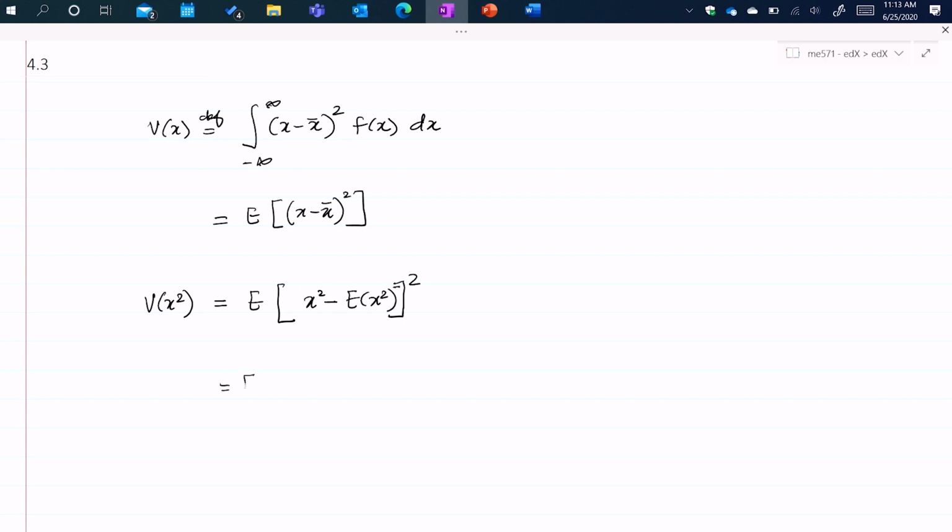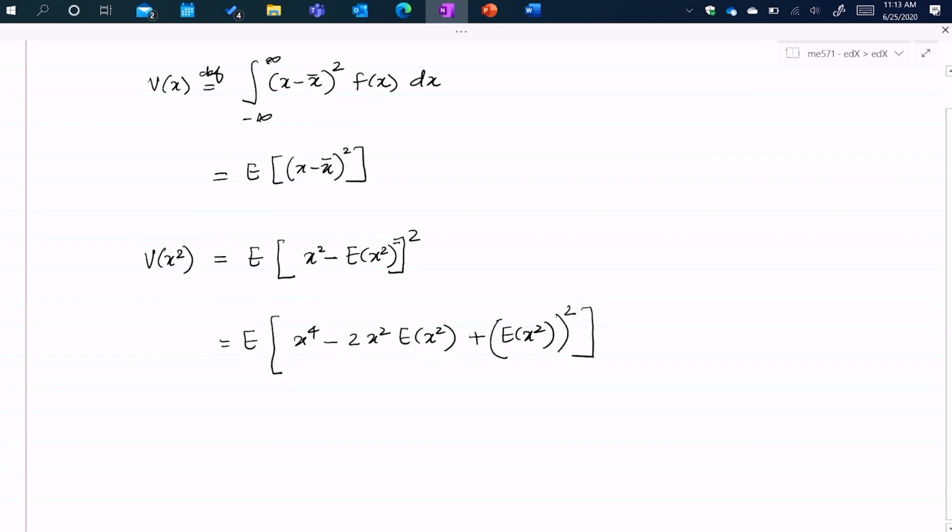And this I can write as the expected value of x to the power 4 minus 2 times x squared times the expected value of x squared plus the expected value of x squared, this whole squared.